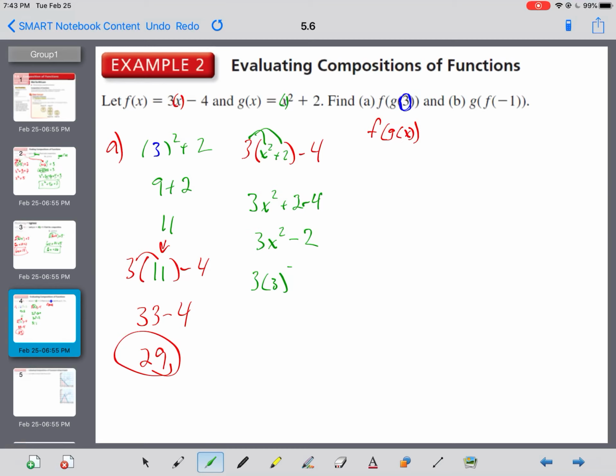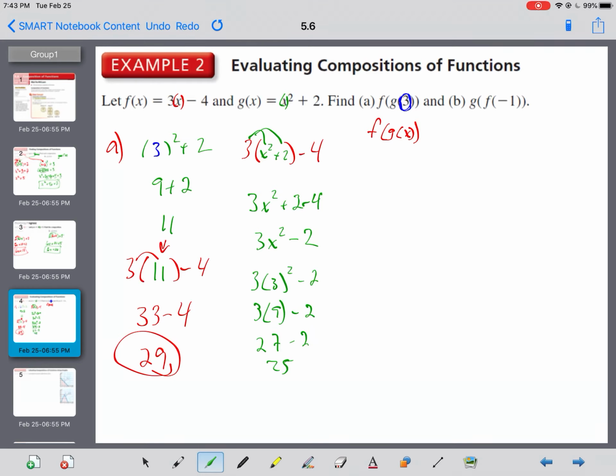So 3 times 3 squared minus 2. And 3 squared is 9, so 3 times 9 minus 2. 3 times 9 is 27, minus 2 is 25.